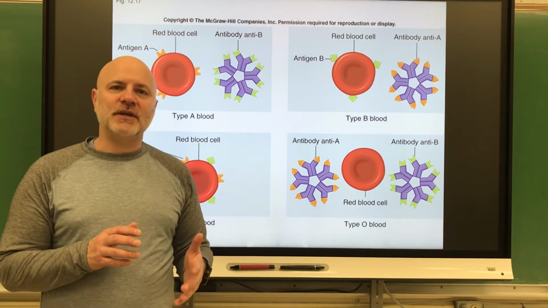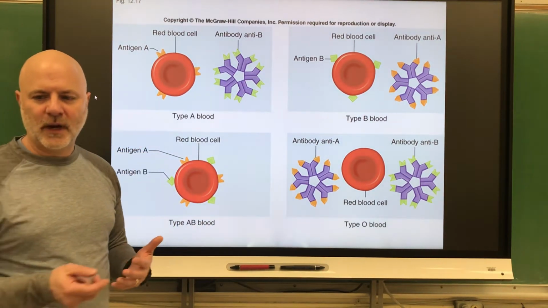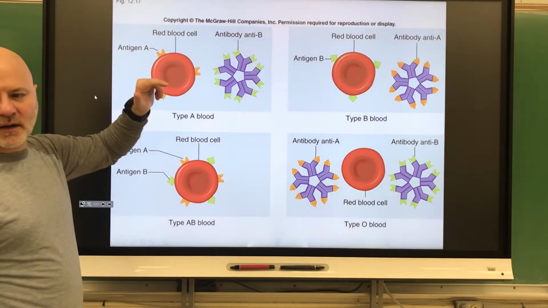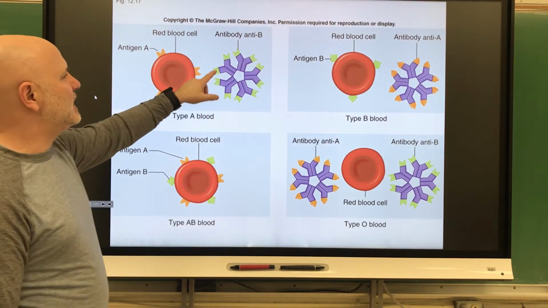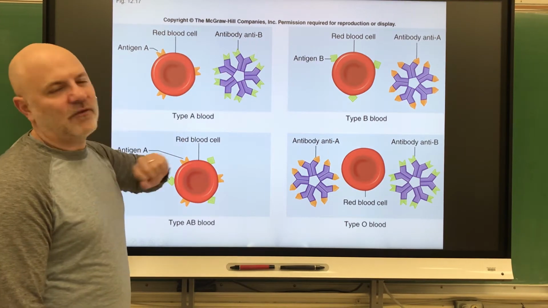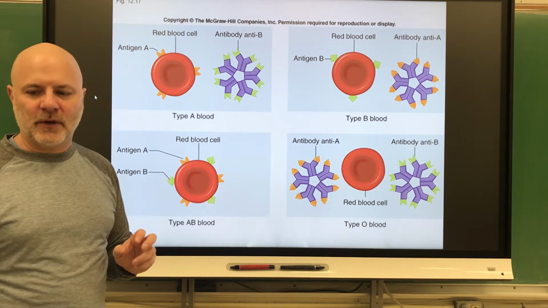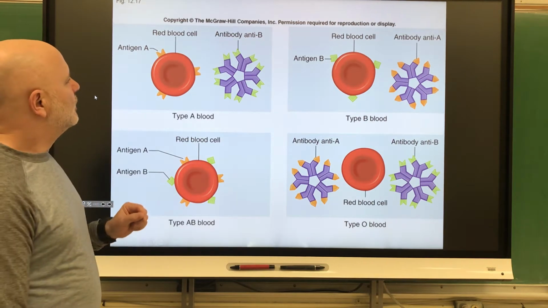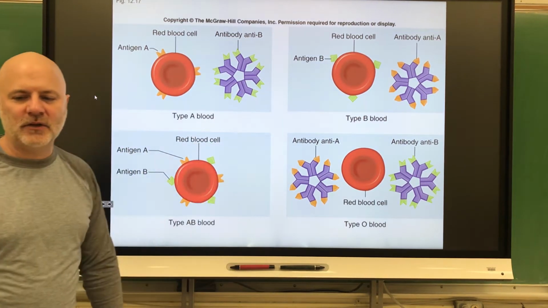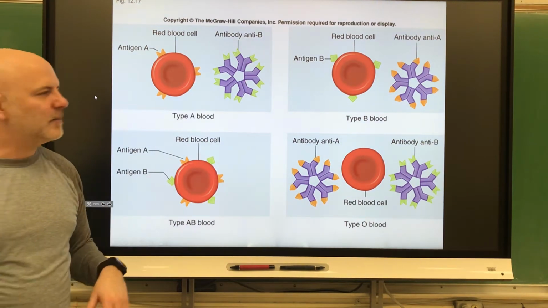The A gene is dominant to the O gene, all right? So here, your red blood cells have antigen A, all right? But you produce the anti-B antibody, meaning if somebody gave you B blood, that blood would clump in you, all right? So somebody with A blood, we'll talk about what they accept and donate here after we go through everything.